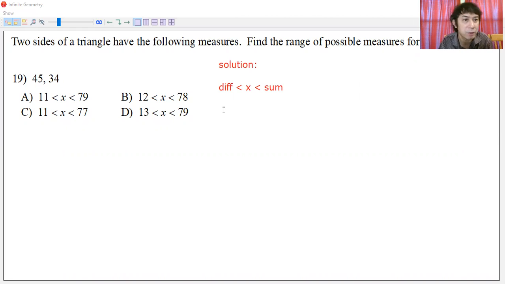Get the difference. This must be about 11. 11 is the difference. And we have the variable over there. How about the sum? The sum is 79. And this is our answer.